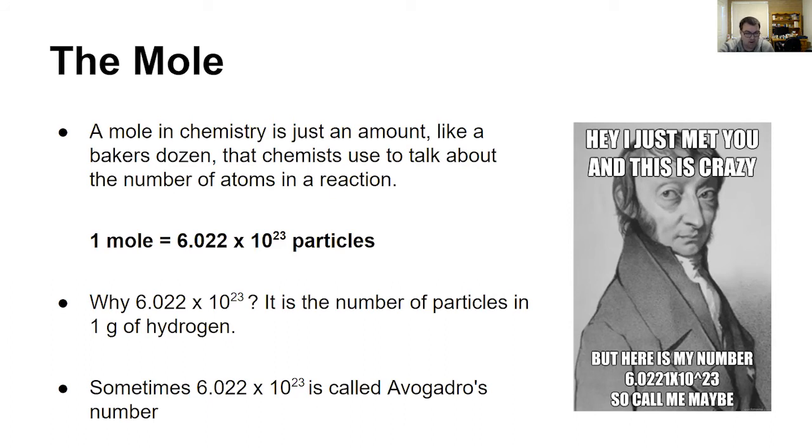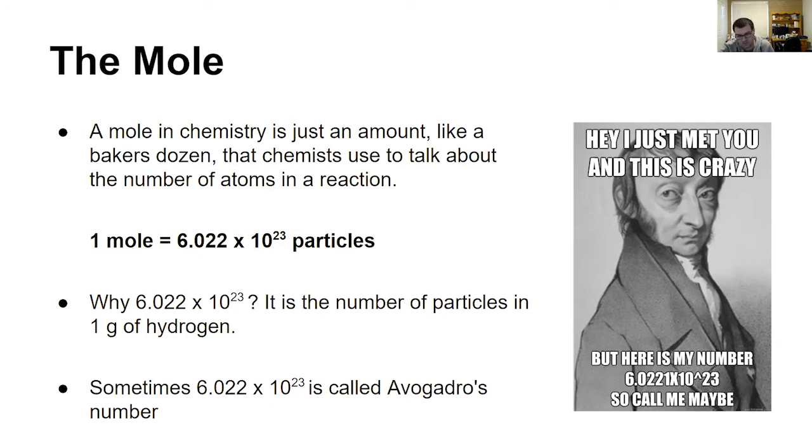Okay, and why do we use the number 6.022 times 10 to the 23? Well, that is the number of particles found in 1 gram of hydrogen. All of those relative atomic masses are not only scaled to be the relative mass of the atom, they're also scaled to be the relative mass, in grams, of 6.022 times 10 to the 23 atoms of a particular element.